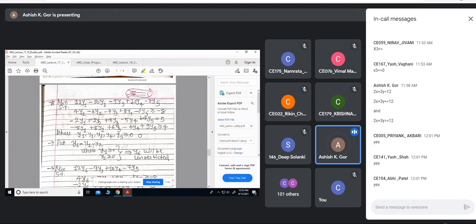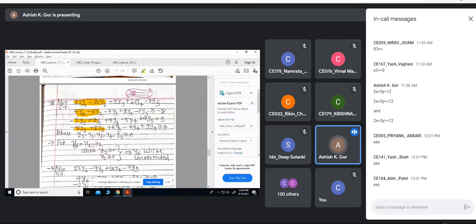Now you notice something. y1 minus y2 is common in the objective function and constraints. You can take 4 common, minus 2 common, minus 8 common, 12 common, and y1 minus y2 is common. y1 and y2 are non-negative, but I write it as a subtraction of these two.